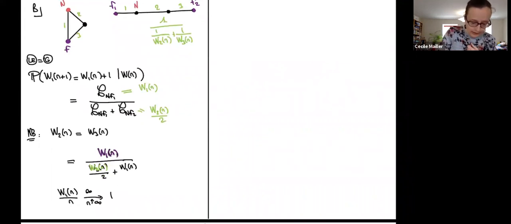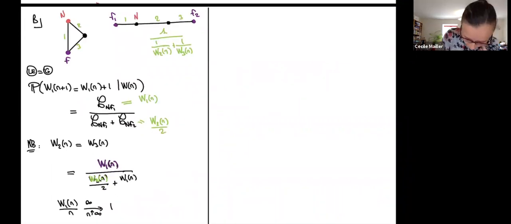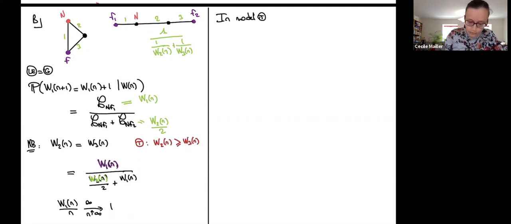Great. So in model T, on this simple graph, what happens exactly? The main difference is that in model T, we don't have equality here. But we still have W2 of n is larger than W3 of n, because we cannot do +1 to this edge without doing +1 to that edge, right?